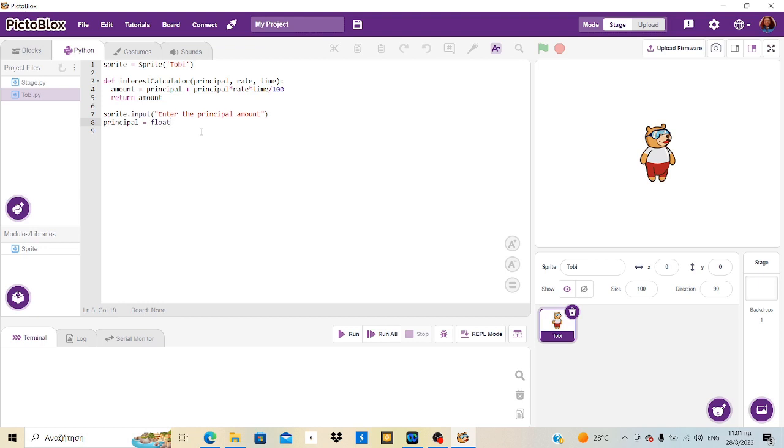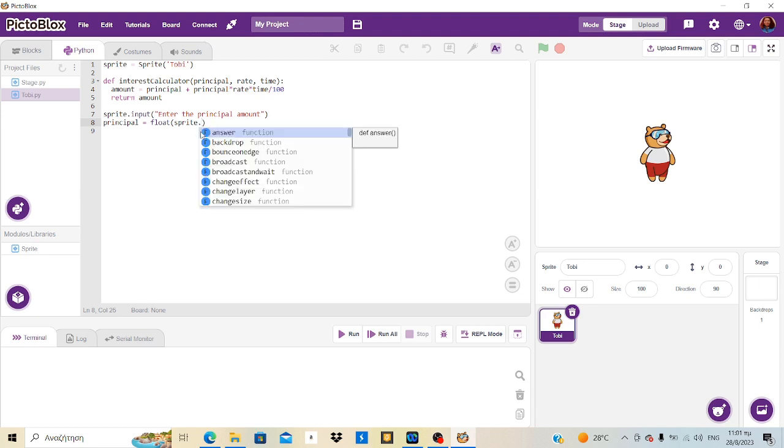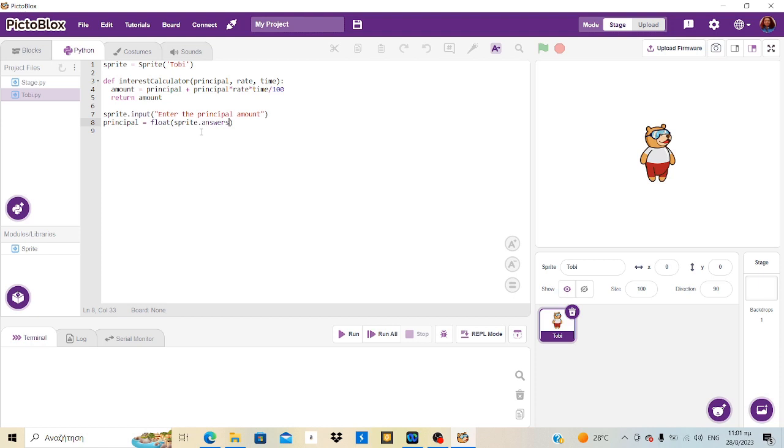So principal is equal to float. So we can add numbers, let's say the principal amount of a loan that we have already taken. So the sprite will answer.